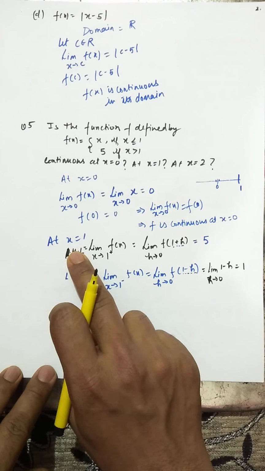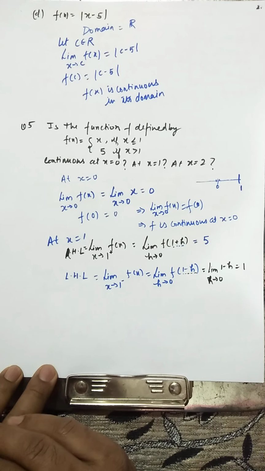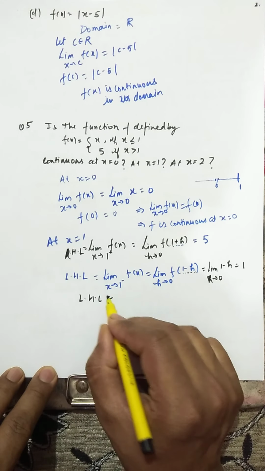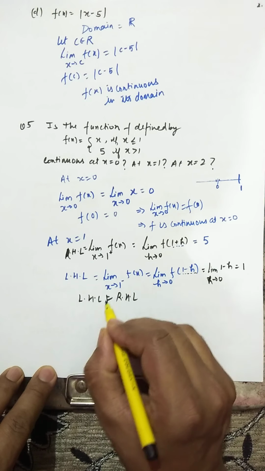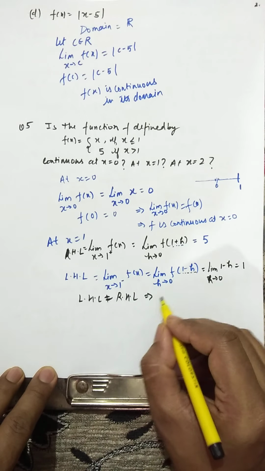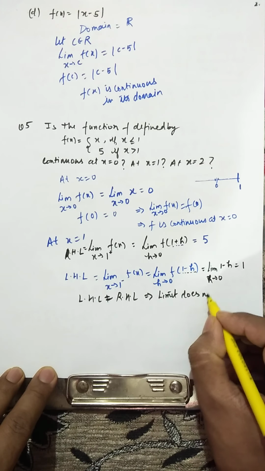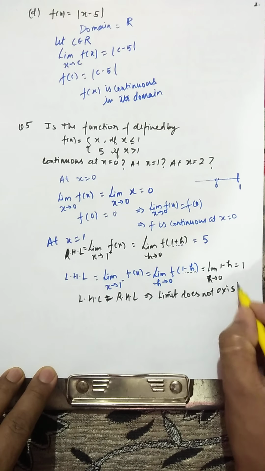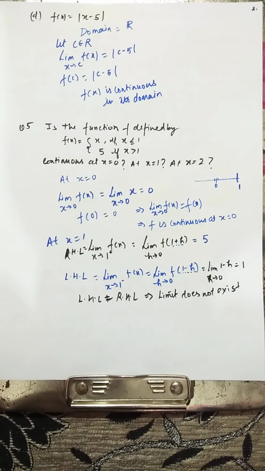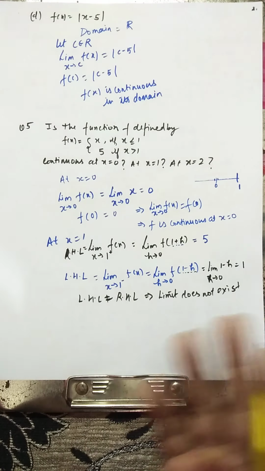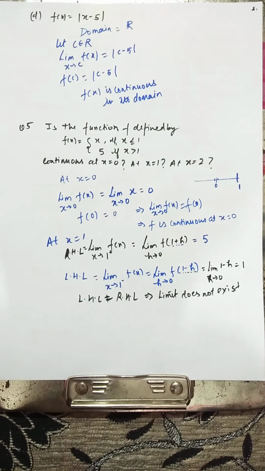So you can see your left hand limit and right hand limit are not equal. It means limit does not exist. Left hand limit not equal to right hand limit, which implies limit does not exist. So if limit does not exist, then there is no need to check the function's value at x equal to 1, because only if the limit exists can we see the value of f(x) at x equal to 1.